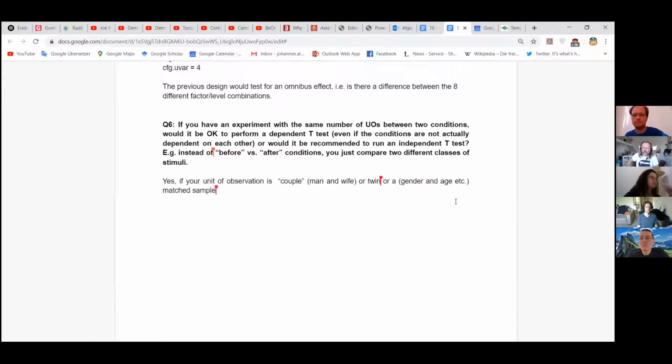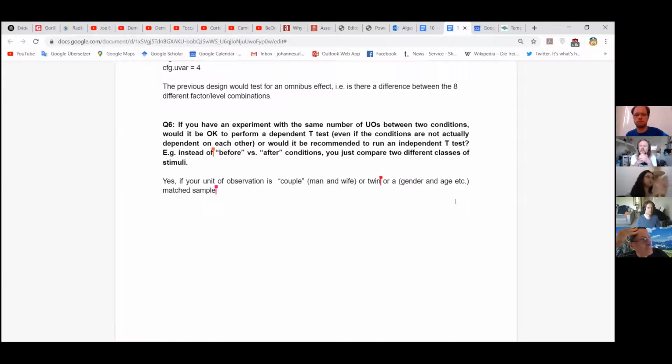I asked this question because when I compare, for example, two conditions, the unit of observations were subjects, and I have the subjects passing through the two conditions. I have the same number of units of observation for the two conditions.